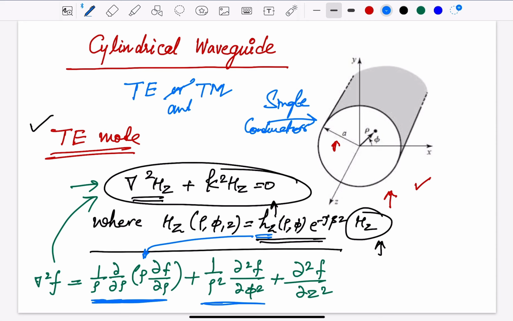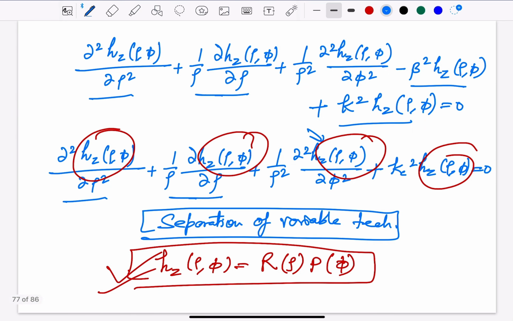Writing this in the cylindrical coordinate system gives this equation. Here HC is a function of rho and phi, and we are supposed to find the solution of this differential equation.